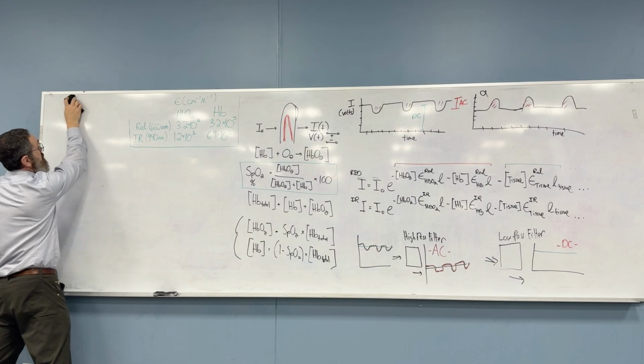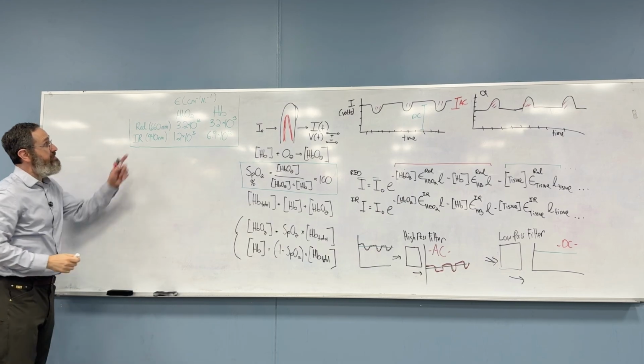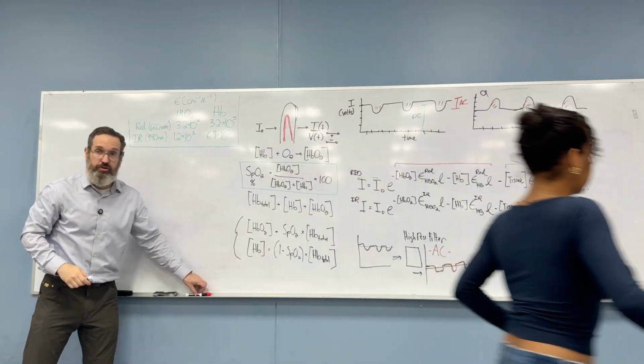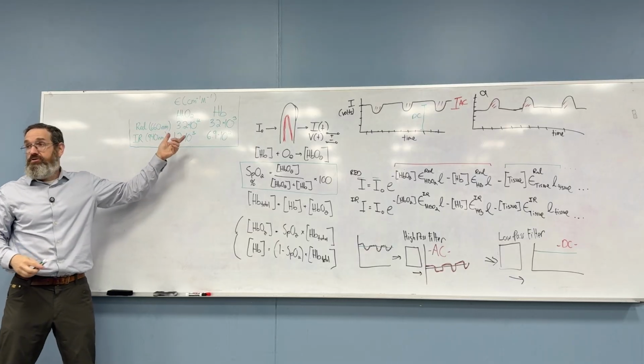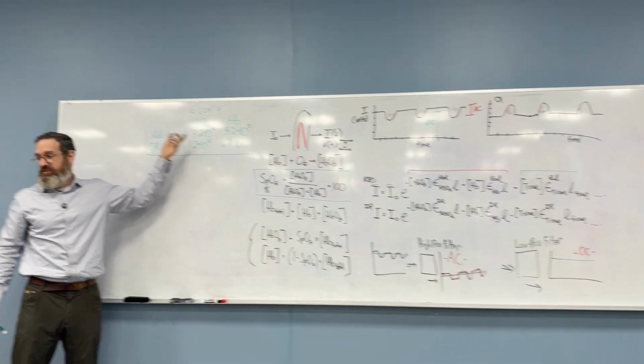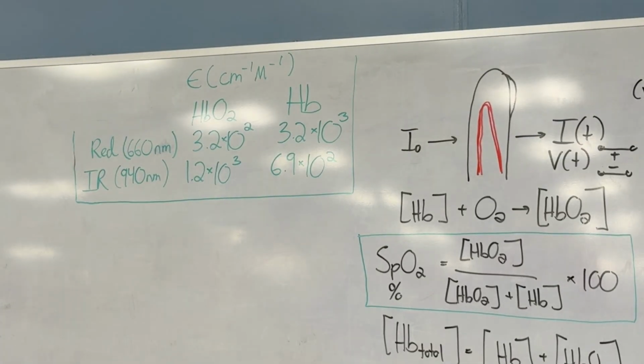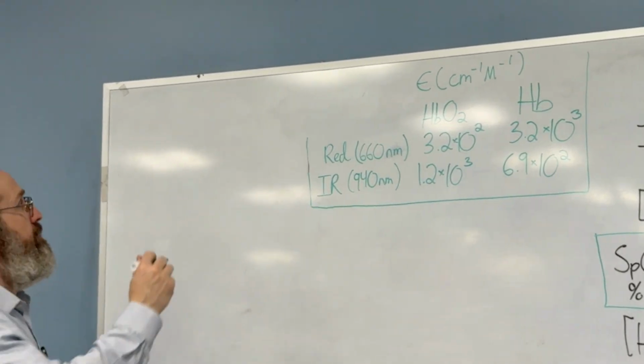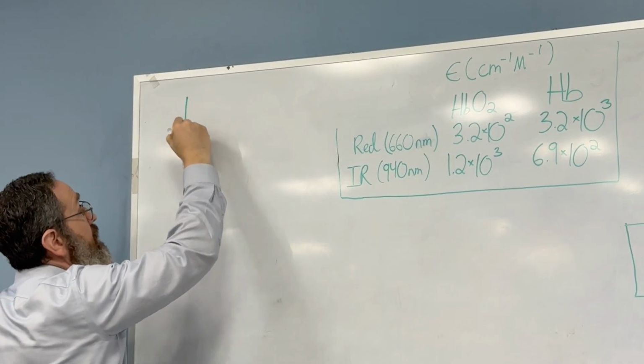Now, before I erase this, I need to show you that this information can be given in the form of a table, but you'll usually see it in the form of a plot. And the plot looks like this. I'm just going to put it here.